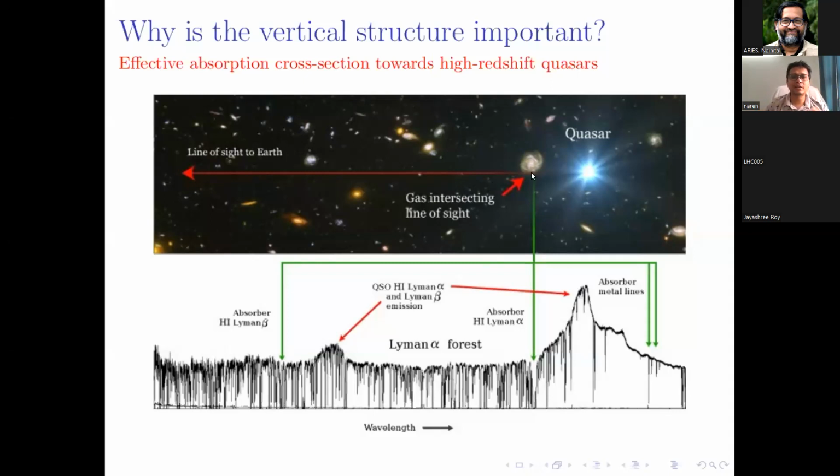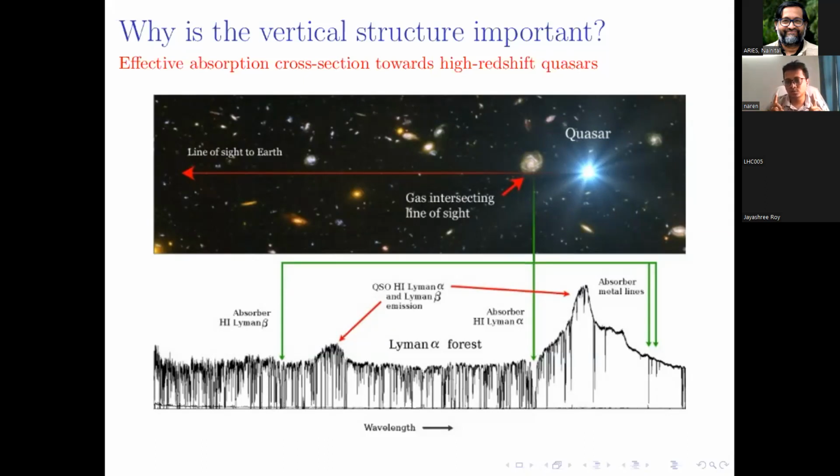If I have a very thin disk, then yes, it also depends on orientation, but if it is oriented edge-on, then the thickness of the disk matters a lot, specifically in the high column density regime like DLA. It's very difficult to produce high column density if the galaxy is face on. So in those cases where we have high column density absorbers, it is very important to know the thickness of the disk to understand how much effective cross section it will produce.